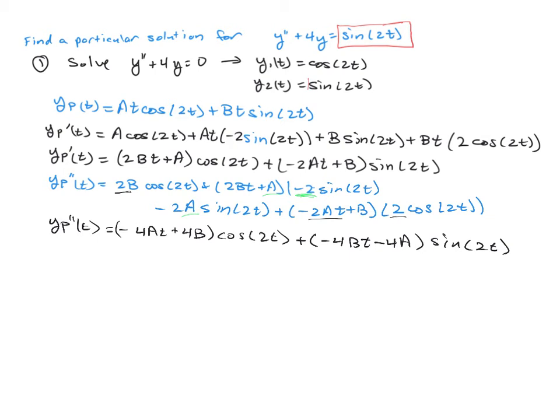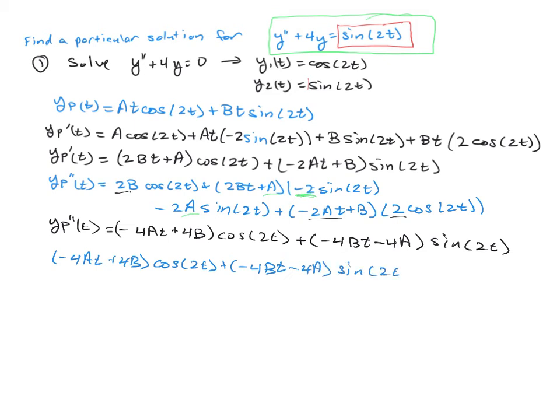All right, so this now needs to get substituted into our original inhomogeneous equation. And yes, this is very long. So putting in the yp double prime, we've got negative 4at plus 4b times the cosine of 2t plus our negative 4bt minus 4a sine of 2t.